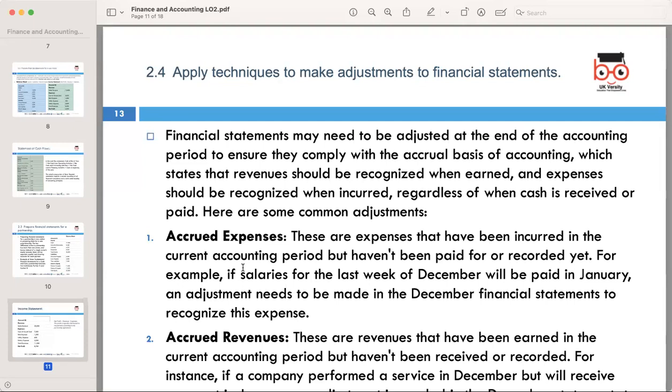These adjustments are essential to follow the accrual basis of accounting, which recognizes revenues and expenses based on their economic activity rather than the timing of cash flows.